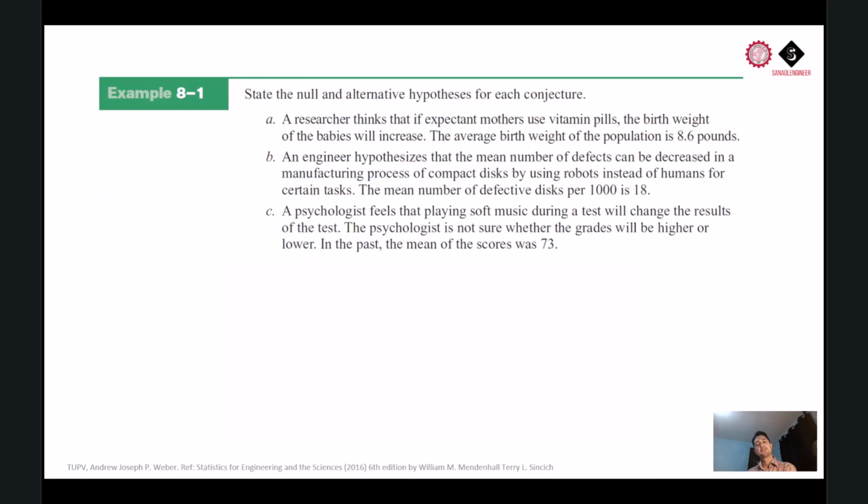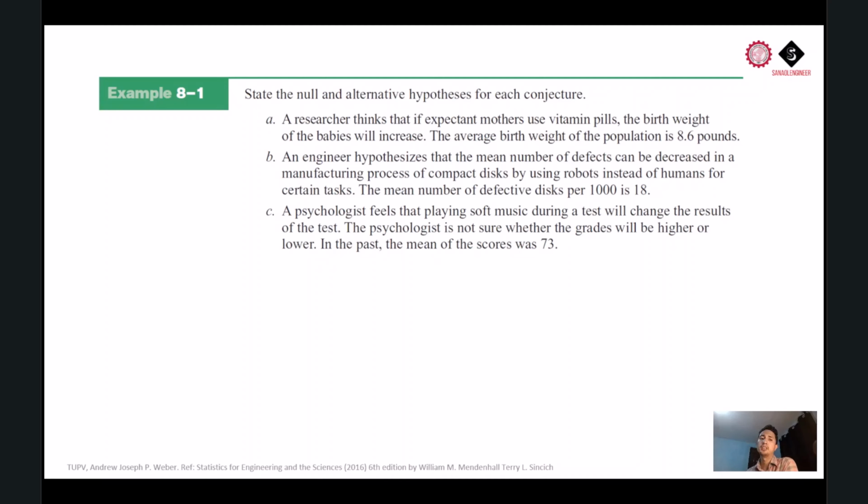Okay, so for example, state the null and alternative hypothesis for each conjecture. Letter A. A researcher thinks that if expectant mothers use vitamin pills, the birth weight of the babies will increase. The average birth weight of the population is 8.6 pounds.